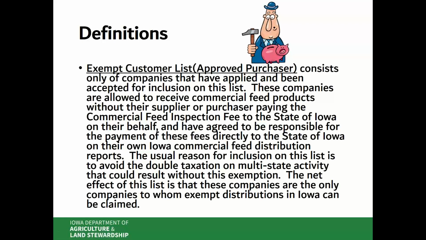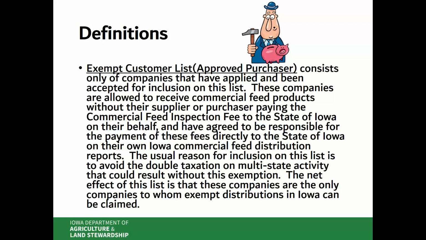Exempt customer list. So this consists of only the companies that have applied and have been accepted for inclusion on this list. These companies are allowed to receive commercial feed products without their supplier or purchaser paying the commercial feed inspection fee to the state, and have agreed to the responsibility for the payment of these fees directly to the state of Iowa on their own commercial feed distribution reports.